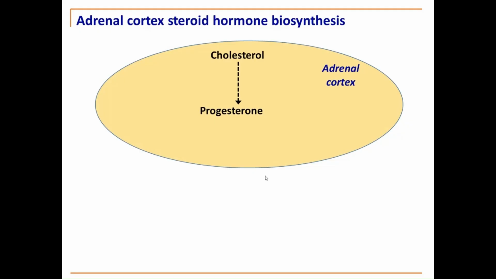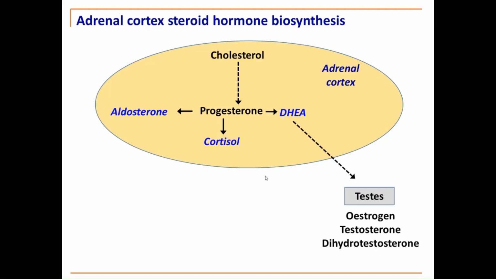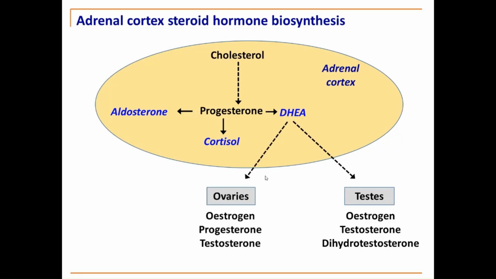That intermediate can then go on to form aldosterone, cortisol, or DHEA, your androgens. Other androgens as well as DHEA are things like androstenedione as well. And androstenedione is a precursor for both estrogen and testosterone as well.